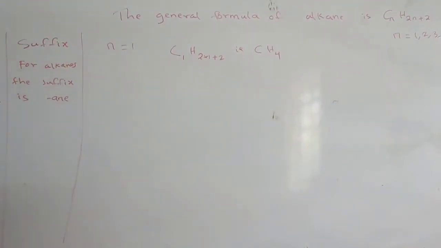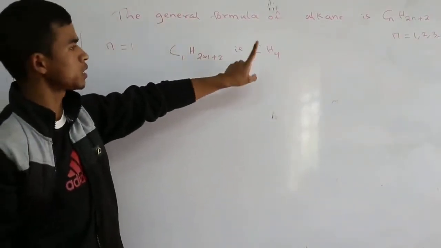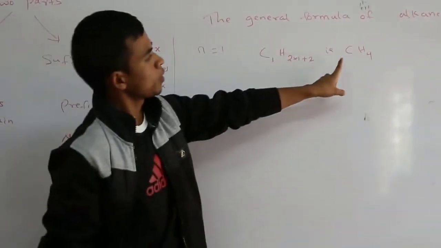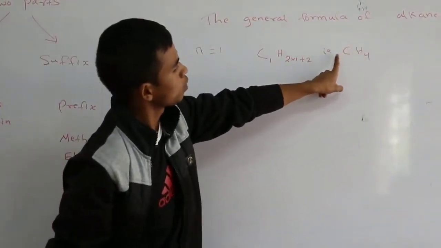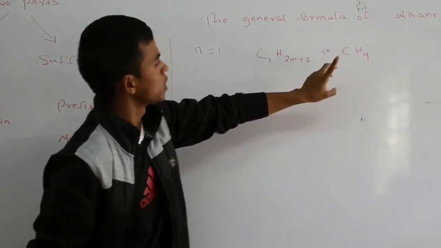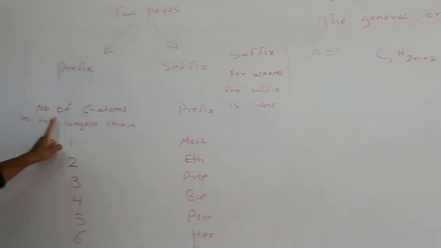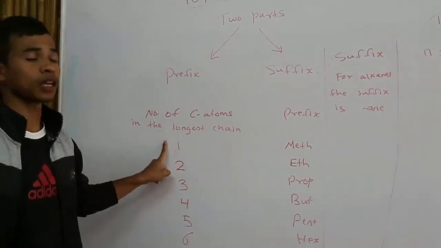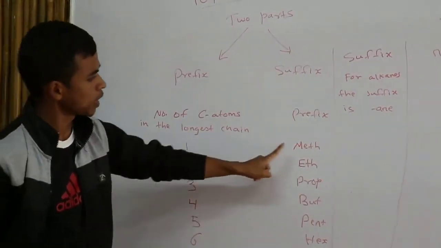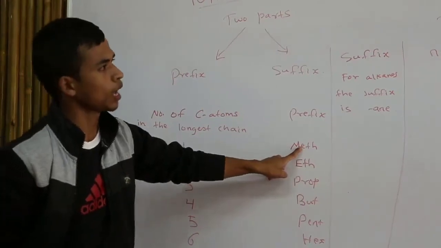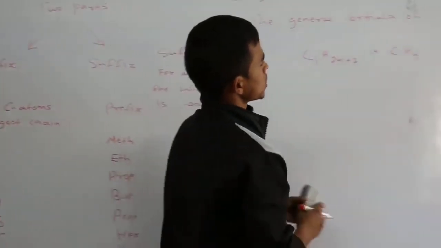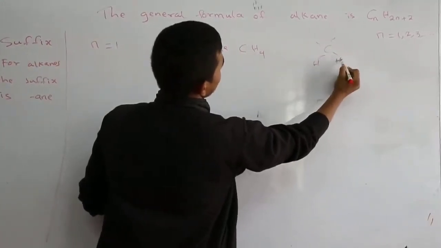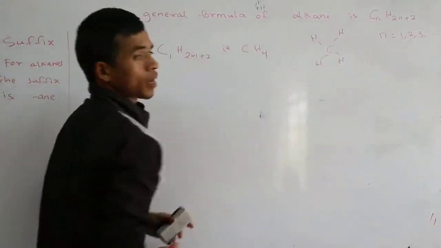So what will be the name of this hydrocarbon? Following this rule, there is only one carbon atom, so the number of carbon atoms in the longest chain is 1. We will have to start the name with the prefix, and the prefix here is meth. And this is an alkane because there are only single covalent bonds.